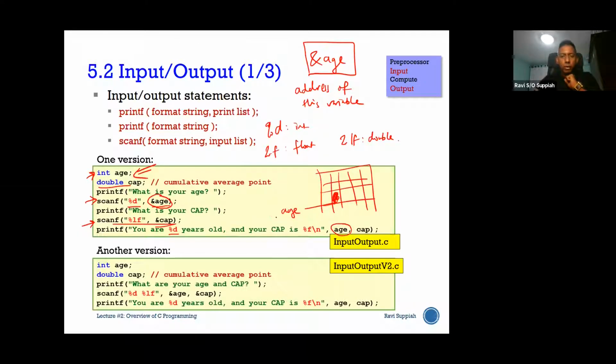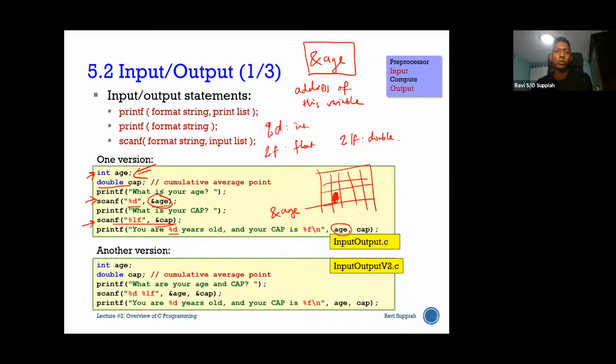And that address is basically what we call the ampersand of the variable. That means you put the ampersand sign in front of the variable name, that refers to the address of the variable. So in C syntax, when I use scanf, what I'm doing is I'm trying to capture this data that the user is giving me, and I'm going to put it inside the address which references this variable.